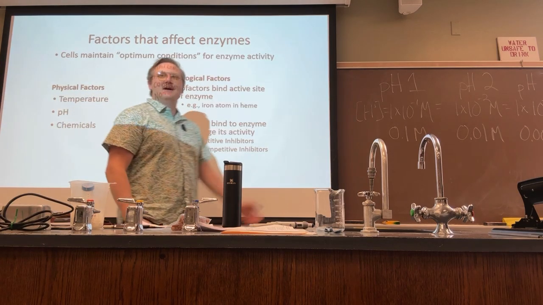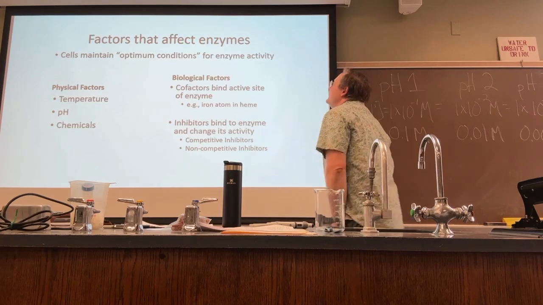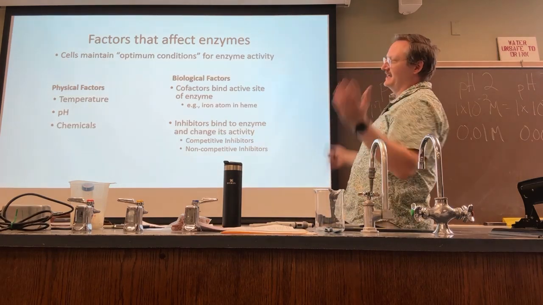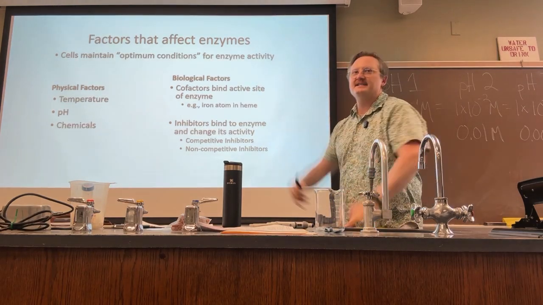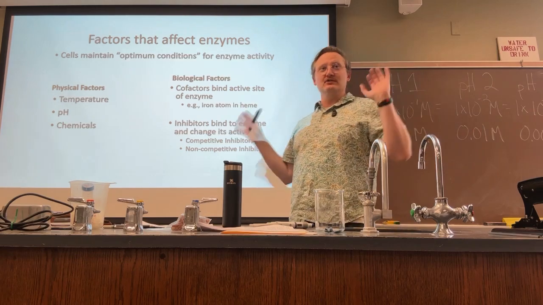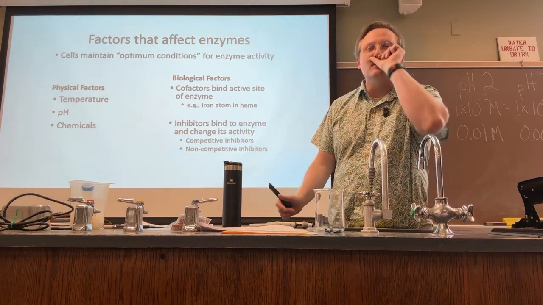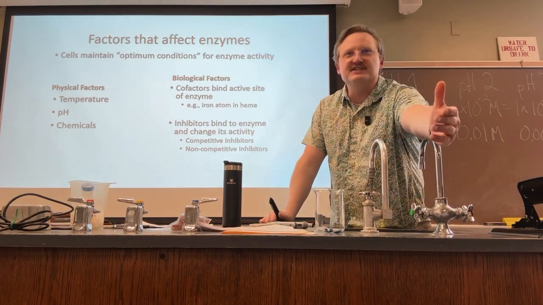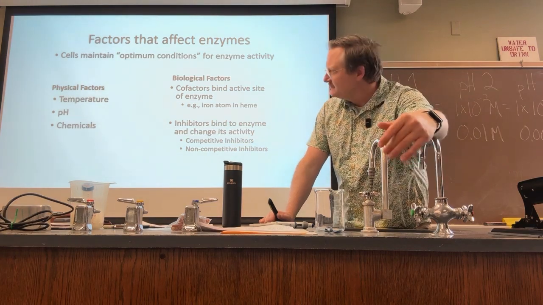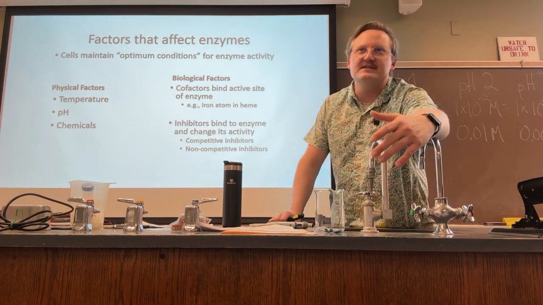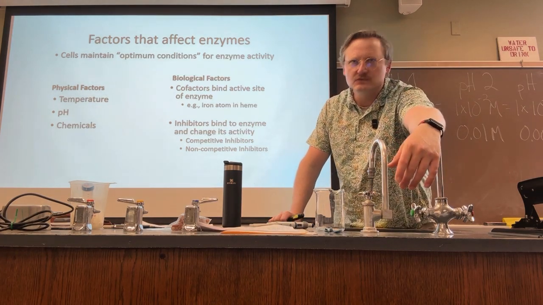Anyways, here we are back to the big text-heavy slide. Factors that affect enzymes. Temperature, pH, the broad chemicals bullet point, which is so broad as to be useless, okay? Sometimes chemicals break up proteins. Fair? Cool.